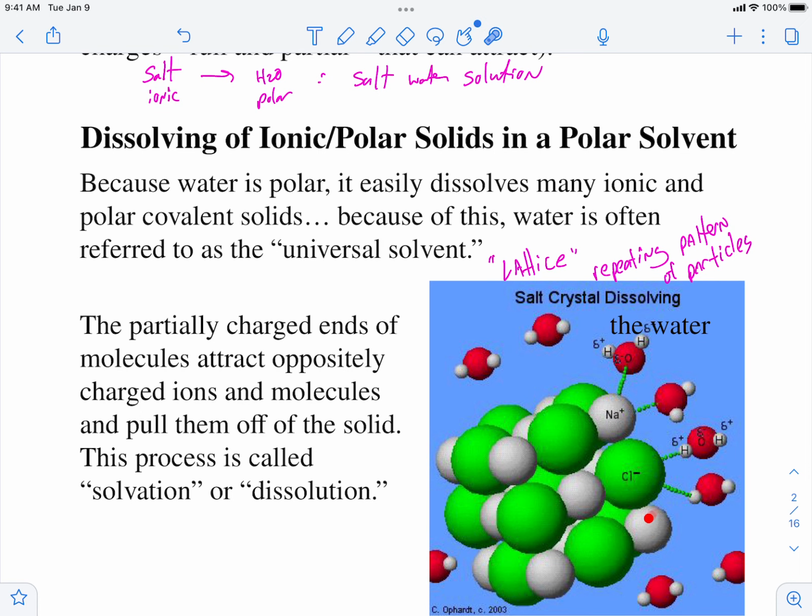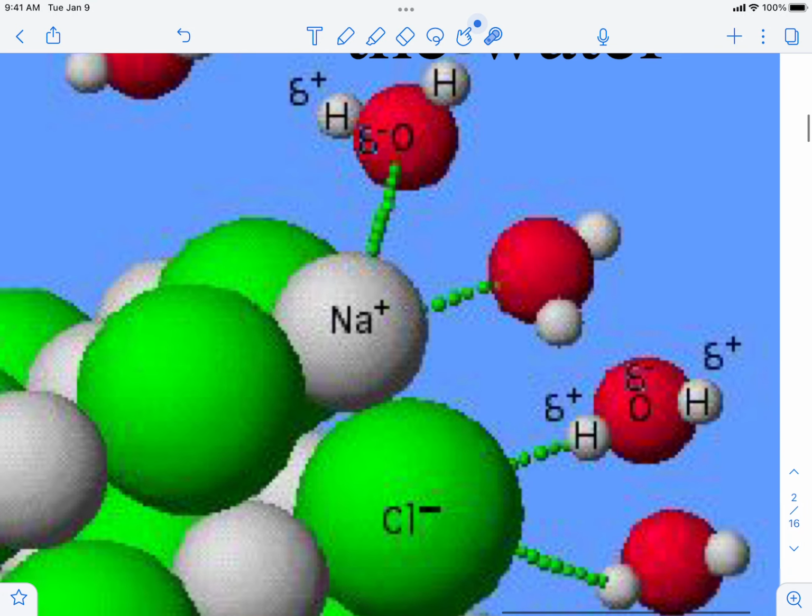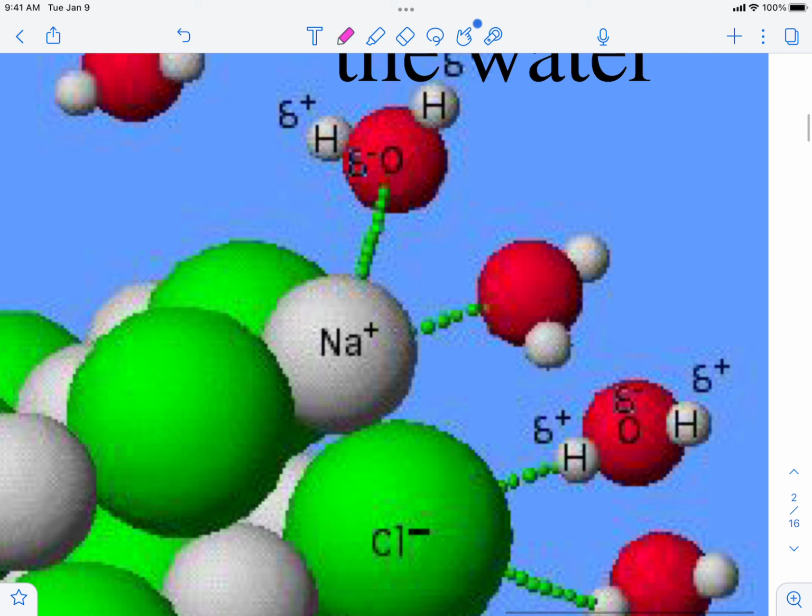So if I took salt and I dissolved it in water, I'm hoping you remember water is a polar molecule, and any polar molecule is going to have partially positive and partially negative sides. So let's zoom in here in this picture. Each one of these water molecules, that's the partially positive side is the hydrogens, right?